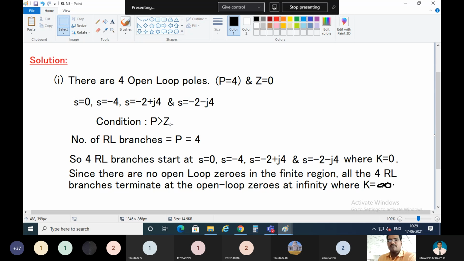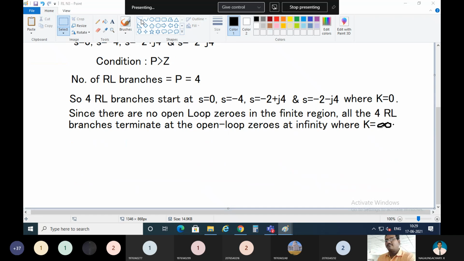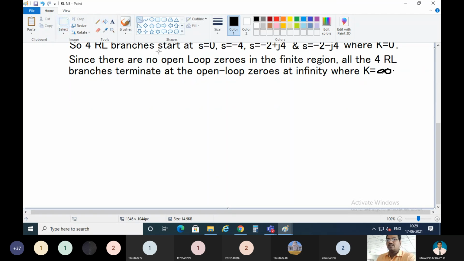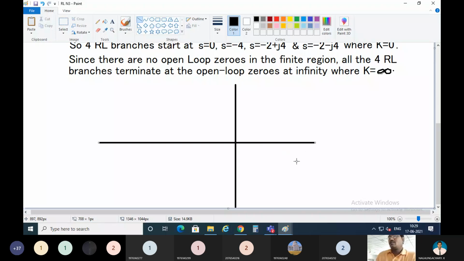So these 4 root locus branches terminate in open loop zeros at infinity, where K equal to infinity. That's it. Now, if I draw it, I just indicate the poles in the s plane.